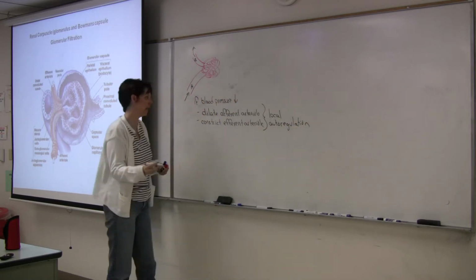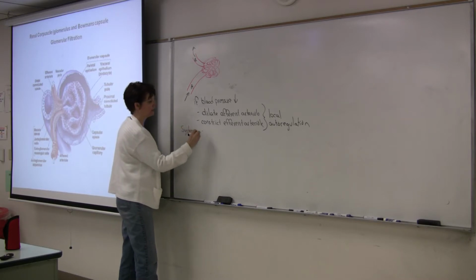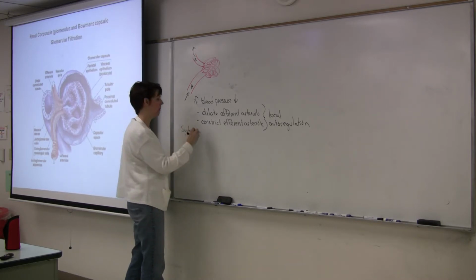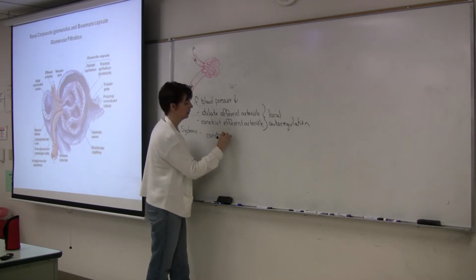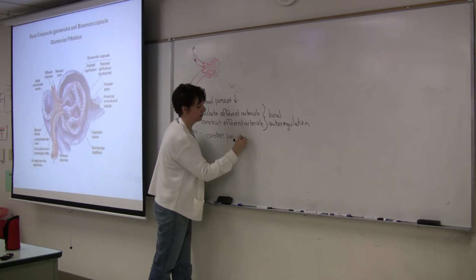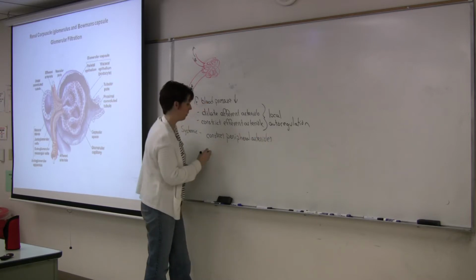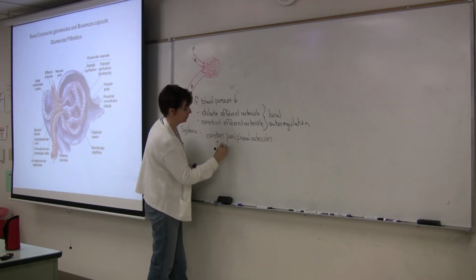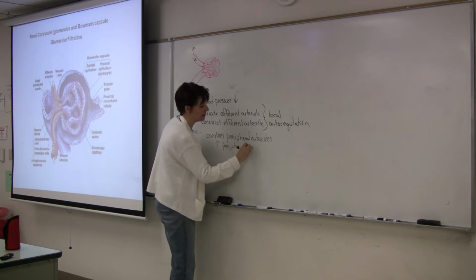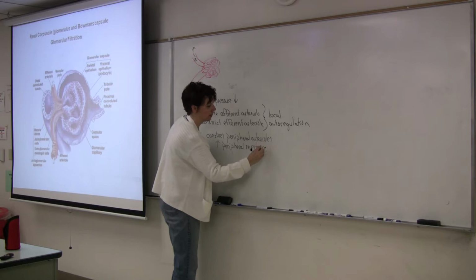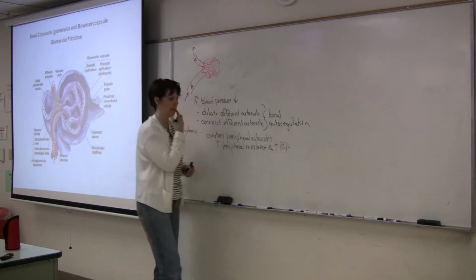On a more systemic effect, we can constrict peripheral arterioles in the body. That's going to increase peripheral resistance and therefore increase blood pressure.